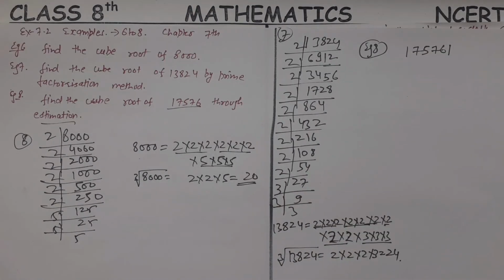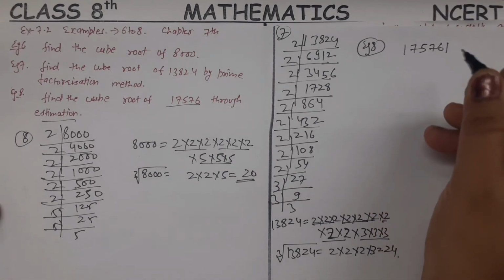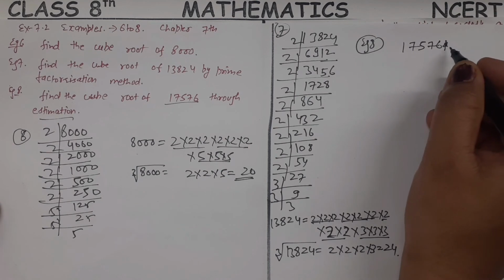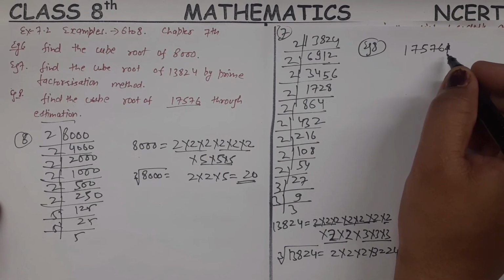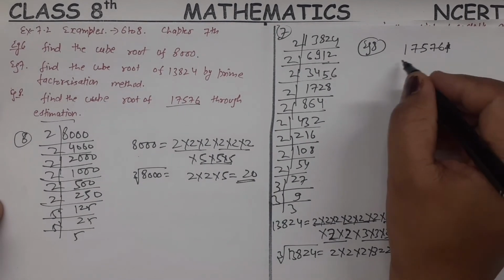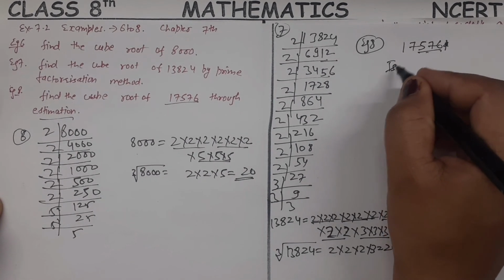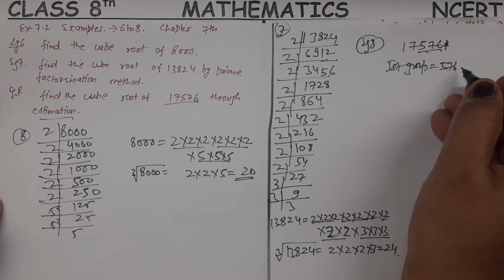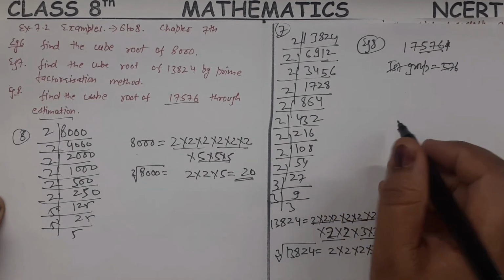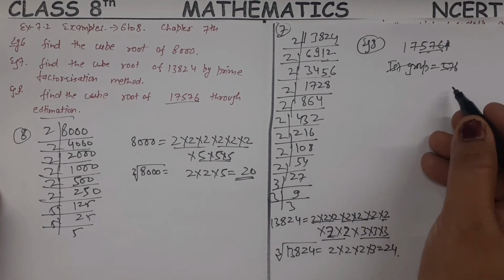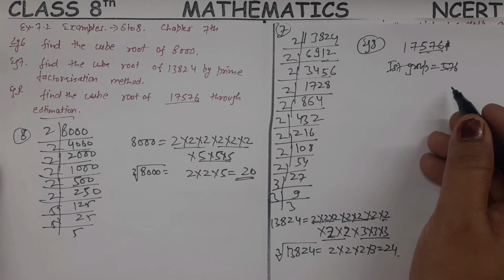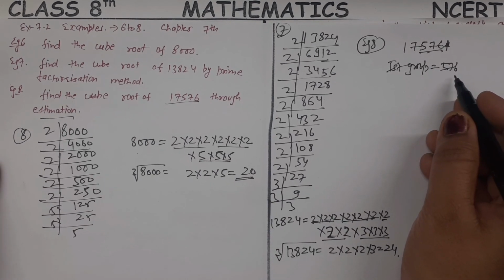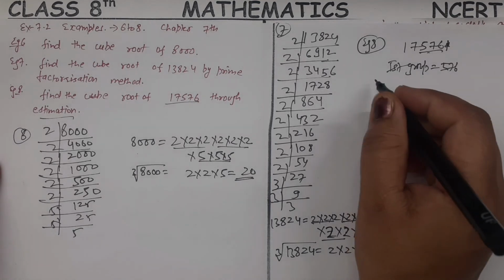Next and last, find the cube root of 17576 by the estimation method. First group 576. Now we will find a number whose cube's unit digit contains 6, that is 6.